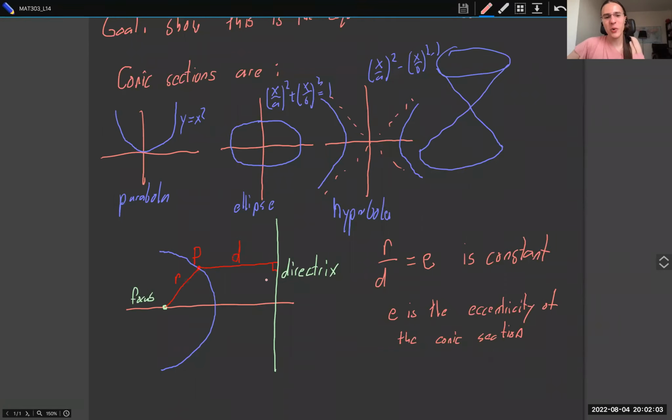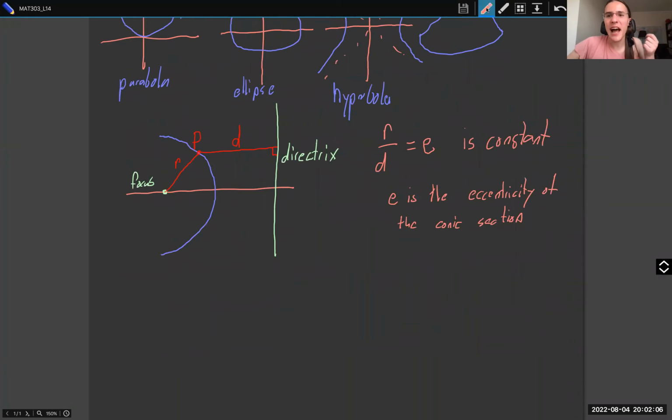Anyway, I'm sure that everyone here has seen other definitions of what the conics are, because an ellipse has two focuses. The usual definition of an ellipse is that if you take a piece of string and add this distance to this distance, then that sum is constant. The degenerate case of an ellipse is when both focuses converge to one, in which case you can just imagine a piece of string doubled, and then that's a circle.